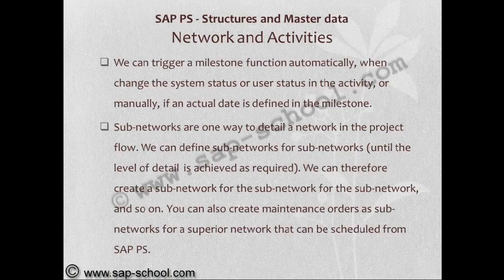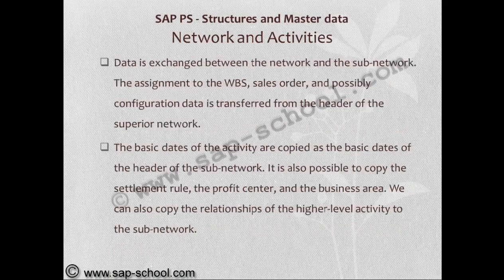We can therefore create a subnetwork for the subnetwork and so on. We can also create maintenance orders as subnetworks for a superior network that can be scheduled from SAP Project System. Data is exchanged between the network and the subnetwork.